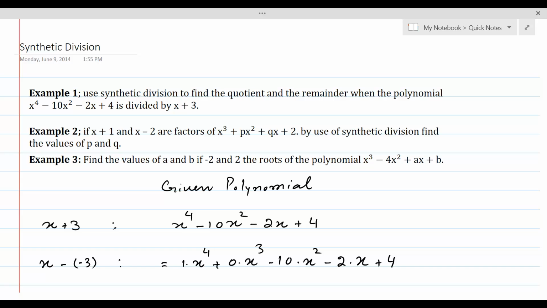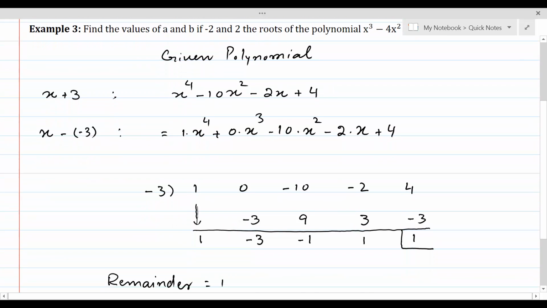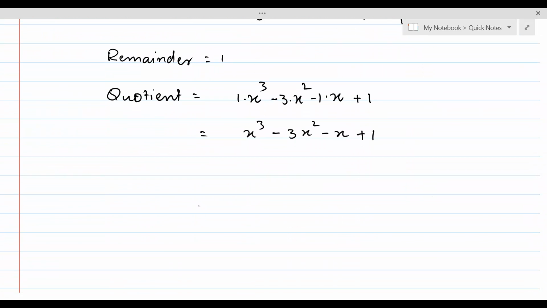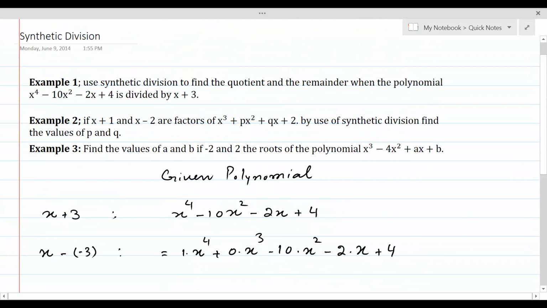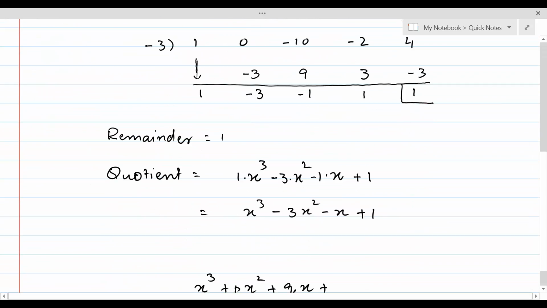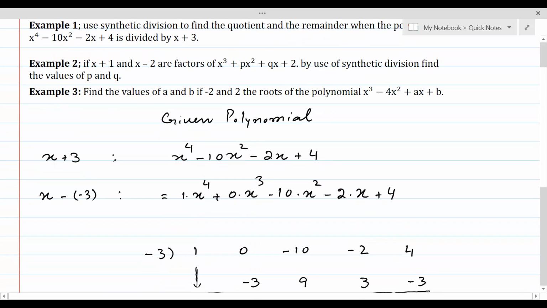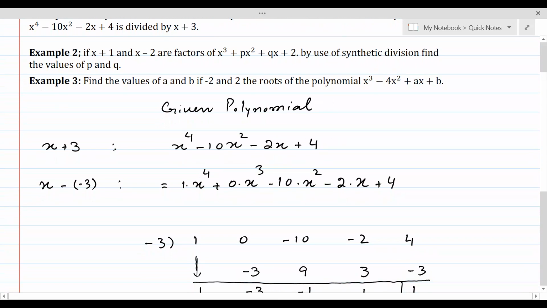Now the next question here is, if x plus 1 and x minus 2 are factors of x cube plus px square plus qx plus 2, so if this is plus 2, and we know that x plus 1 and x minus 2 are factors.